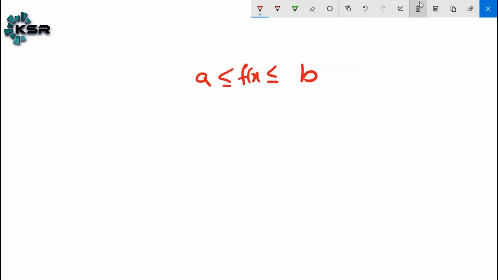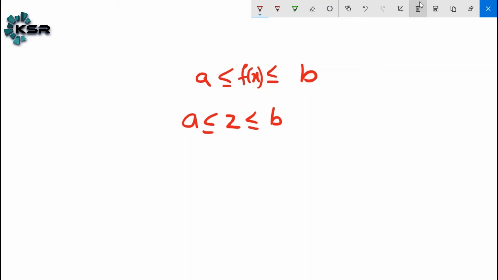Is it exactly 25 degrees? No, it can be some minimum value, it can be some maximum value. So assume that minimum value as A, maximum value as B. So it should be within the range of A to B. So A less than or equal to f of x less than or equal to B. The same way here also we need to write A less than or equal to Z less than or equal to B, right?